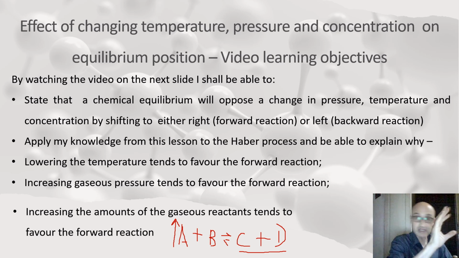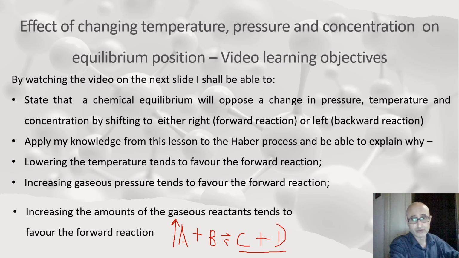You will then be able to apply your knowledge of all of this lesson to the Haber process, which I shall be dealing with in more detail in the next presentation, which will also be the final presentation of this series of lessons. However, it's a good introduction.